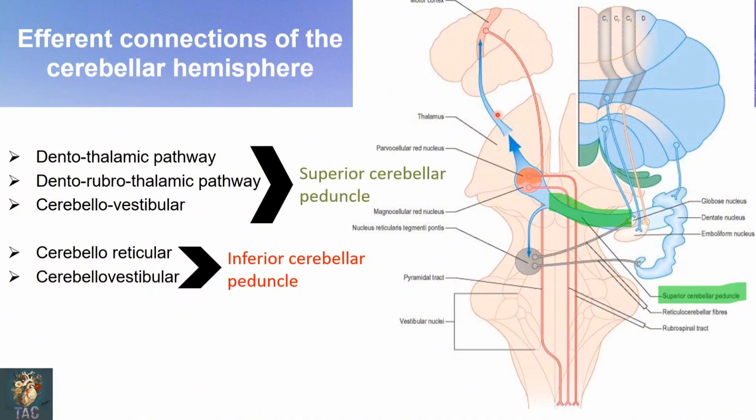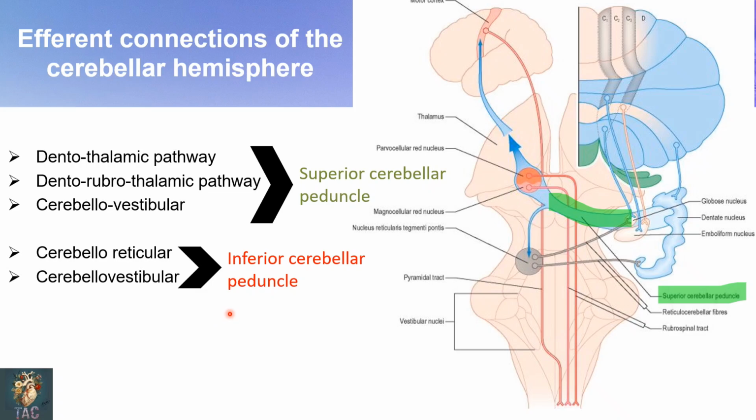So you must memorize that the fibers from the cerebellum do not directly go to the cerebral cortex. They have either the dentatorubrothalamic pathway or the direct dentatothalamic pathway, which then goes to the cerebral cortex. Similarly, the cerebellovestibular fibers which go directly to the vestibular nuclear complex are also carried through the superior cerebellar peduncles.